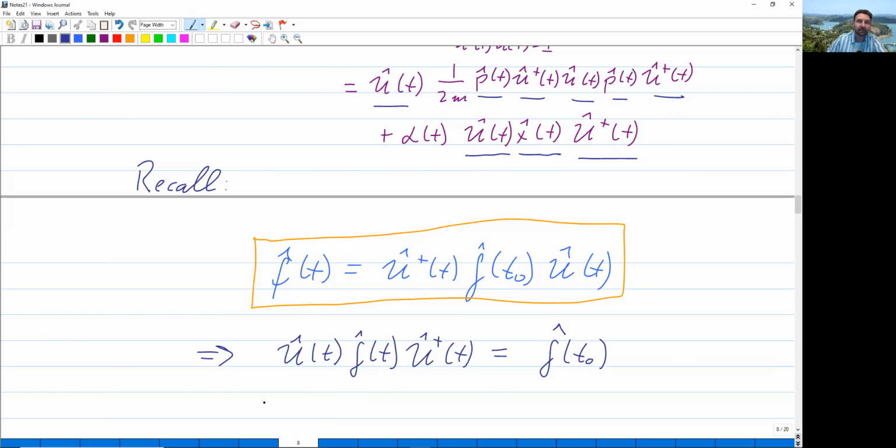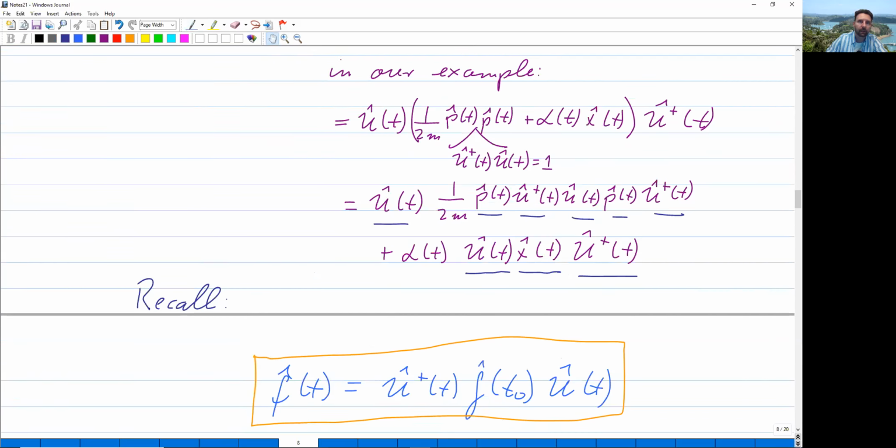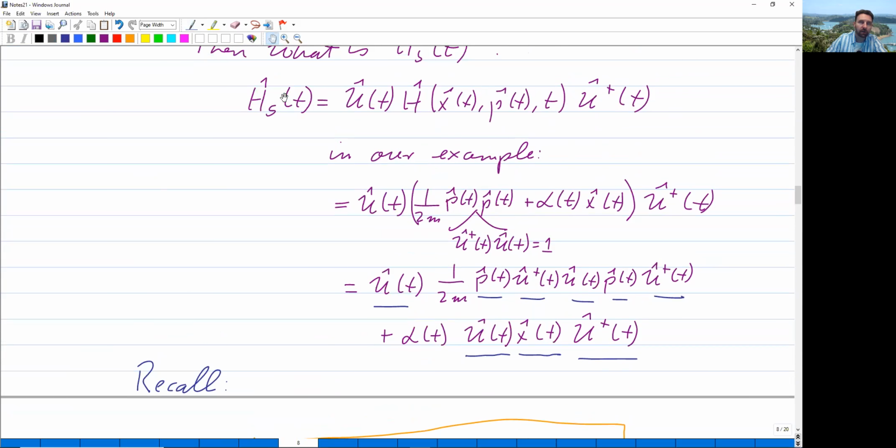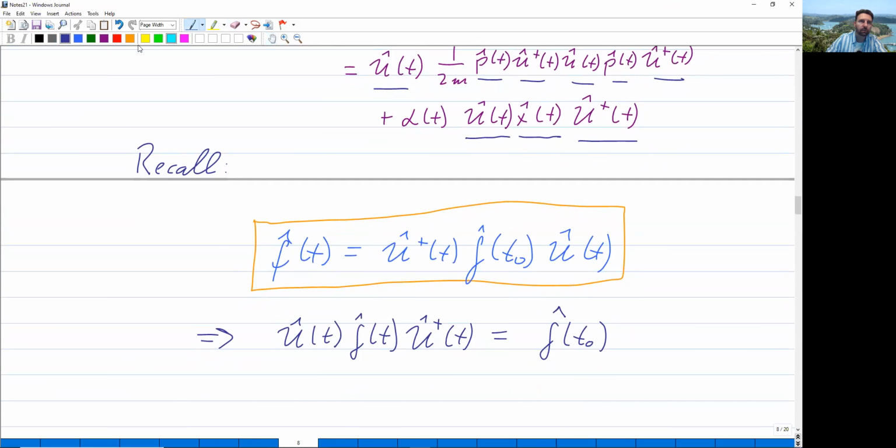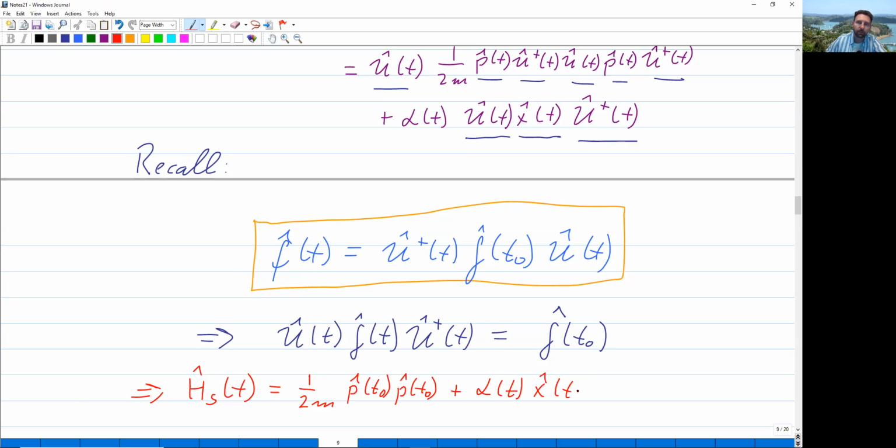So what we obtain is that the Schrödinger Hamiltonian is equal to 1 over 2m, and then this expression here collapses into just p hat of t naught times p hat of t naught plus alpha of t x hat of t naught.